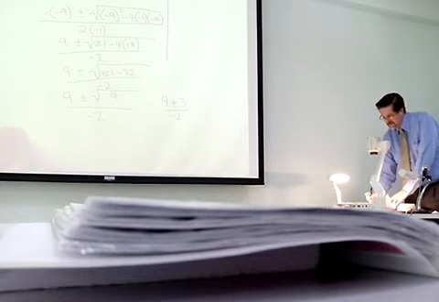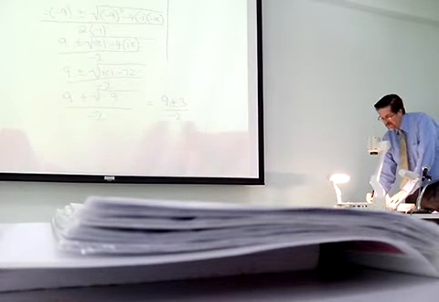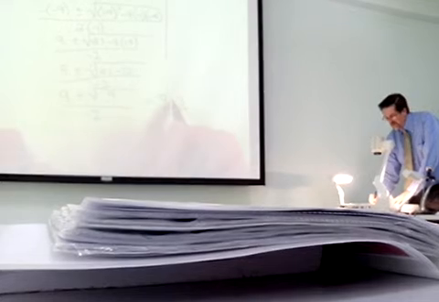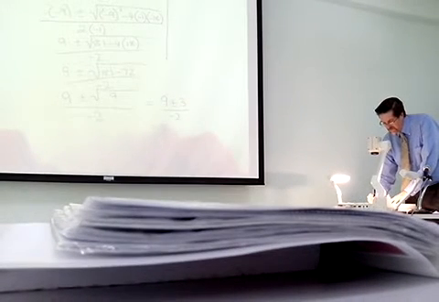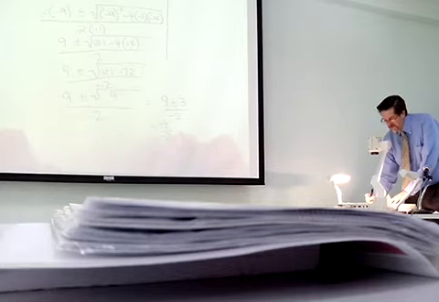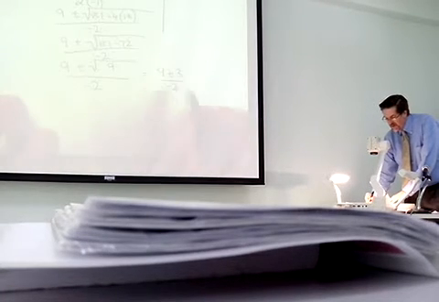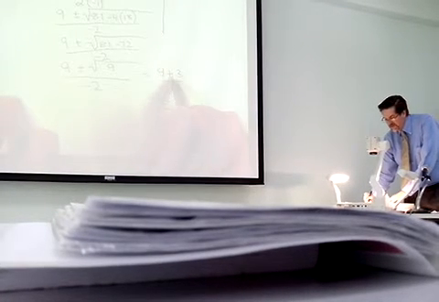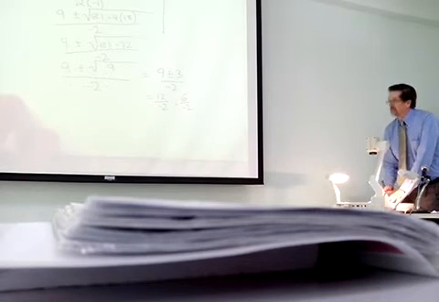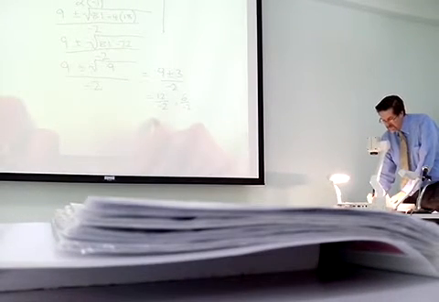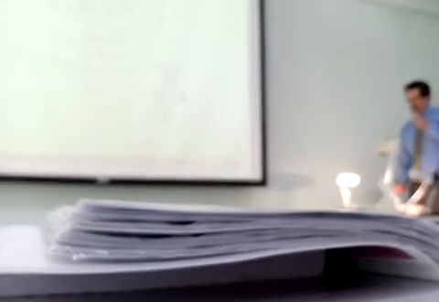All right? So 9 plus 3 is 12 over negative 2, and 9 minus 3 is 6 over negative 2. So that gives you negative 6 and negative 3.